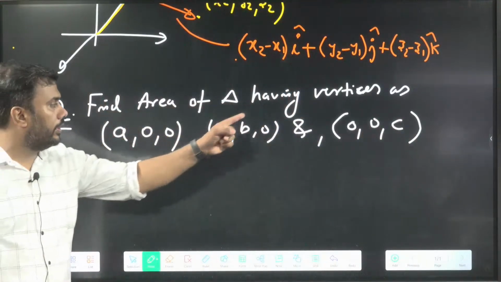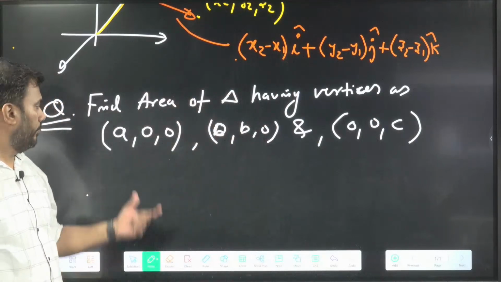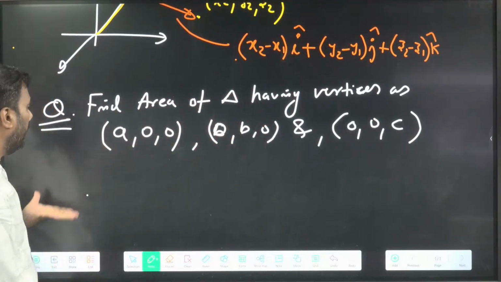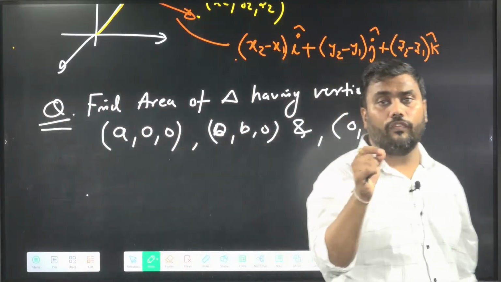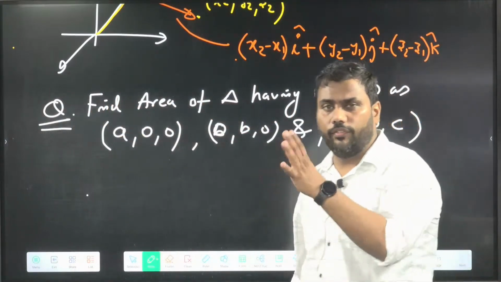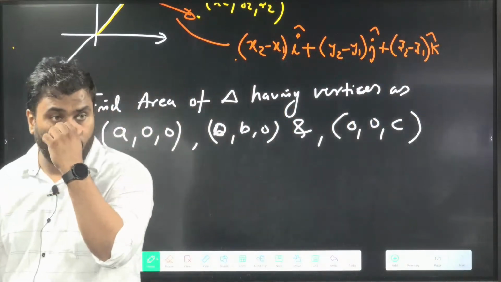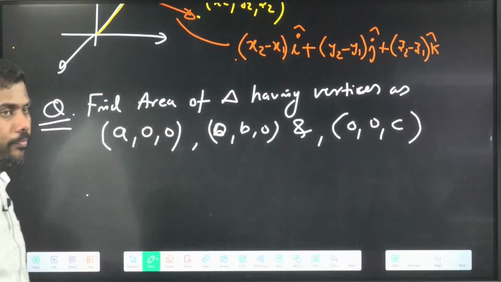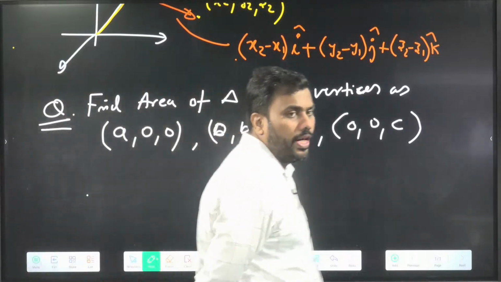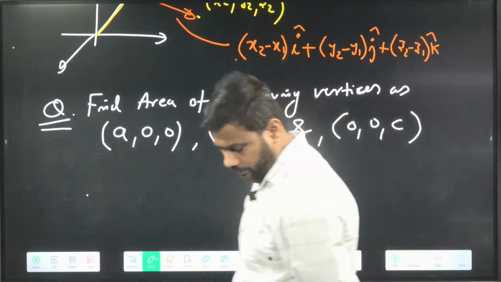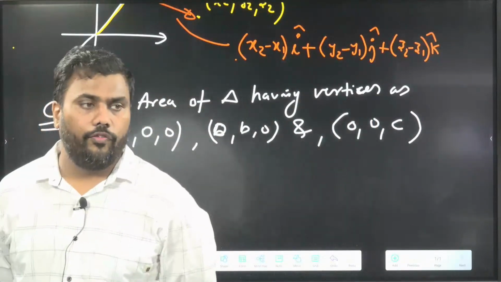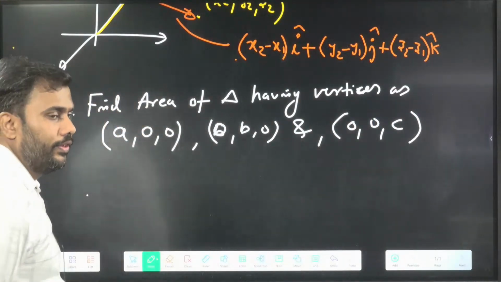These are the three vertices of the triangle: this is vertex A, this is B, this is C. These are three coordinates, three points of the vertices of the triangle. Try to find the area of the triangle created by these vertices.